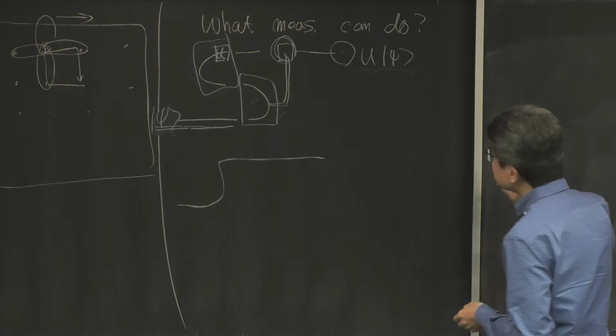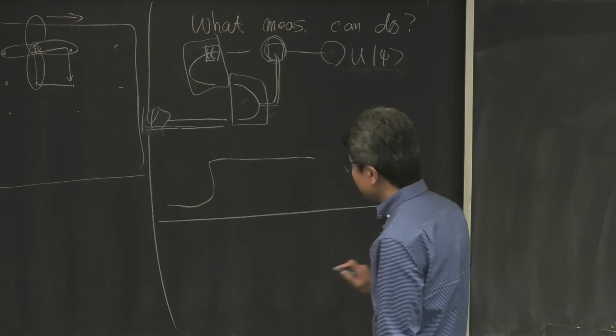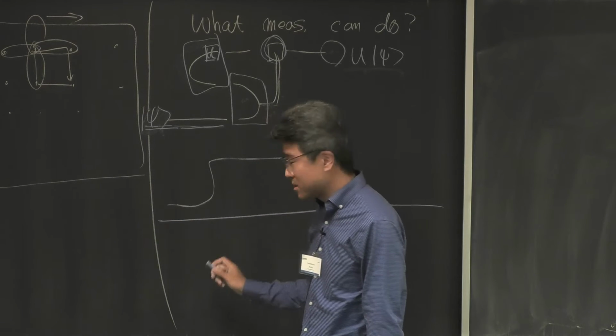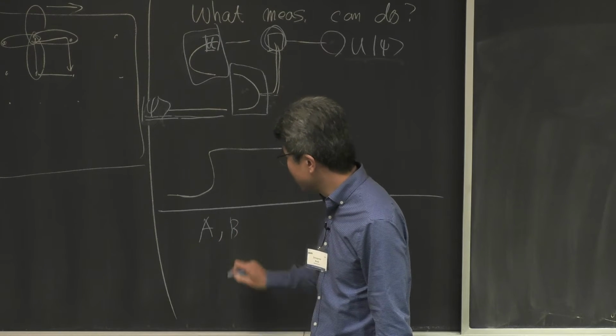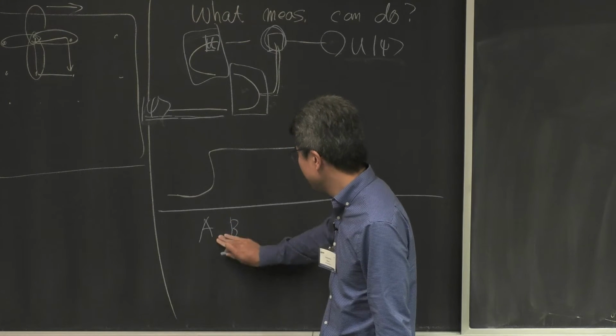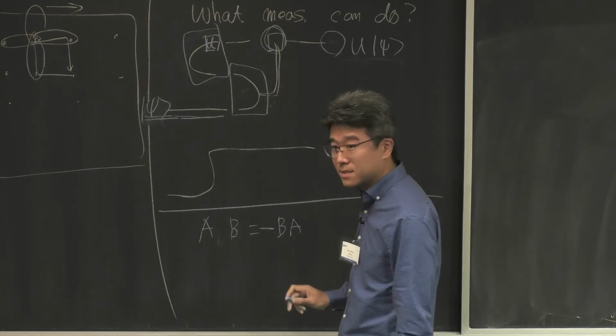And indeed, restricting to the Pauli stabilizer state, suppose you have two anti-commuting observables, A and B. So there's a minus sign there.